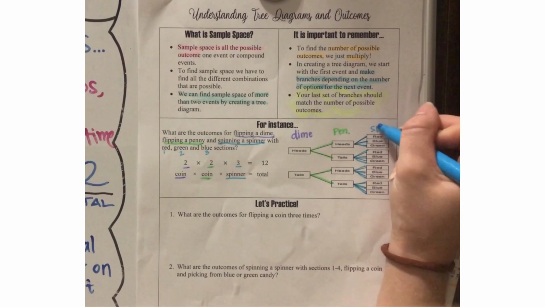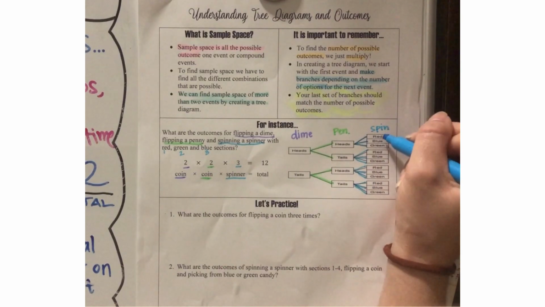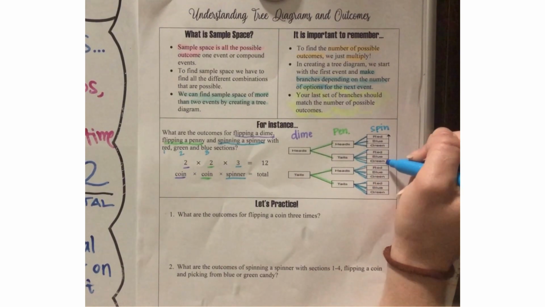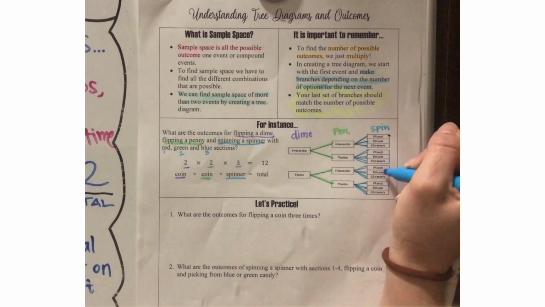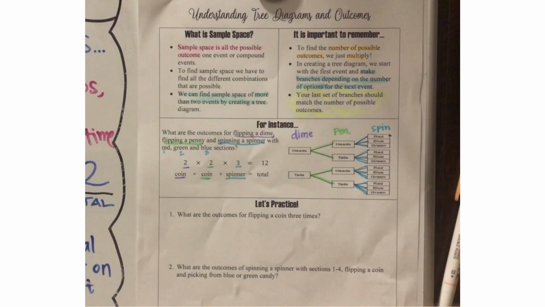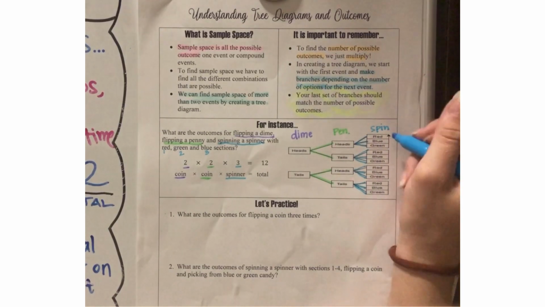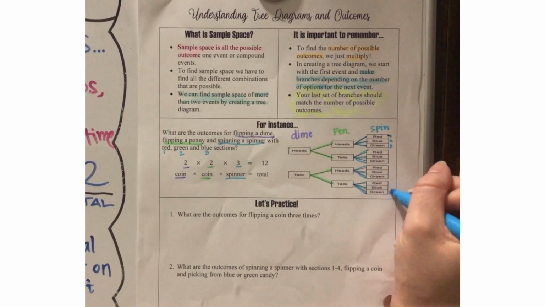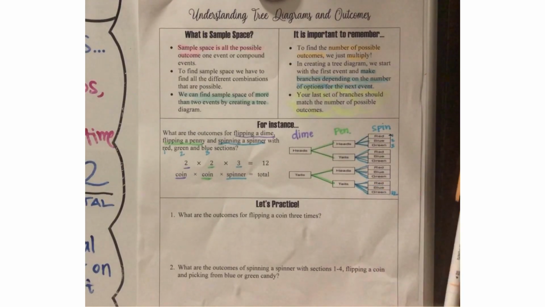This is our spinner. We have red, blue, green, red, blue, green, red, blue, green, red, blue, green. Then if we were to count 1, 2, 3, all the way down, this would give us our 12 specific options.